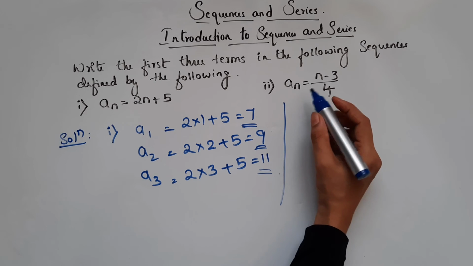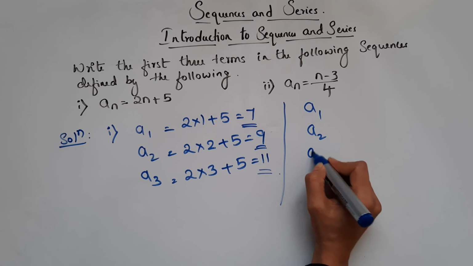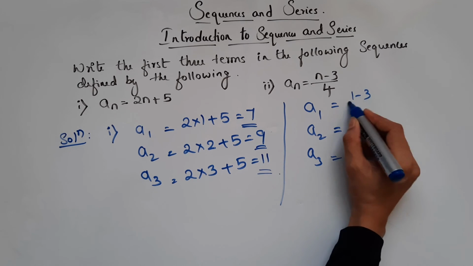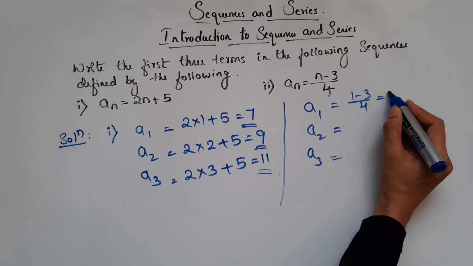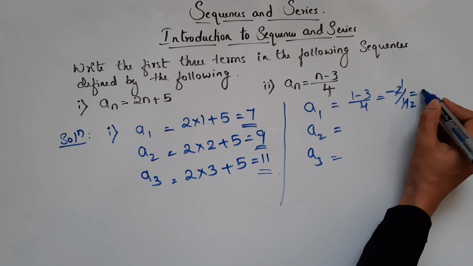Similarly, let's see the second one. Here also we have to find the first 3 terms, a1, a2 and a3. So 1 minus 3 by 4, which is equal to minus 2 by 4. 2 ones are 2, 2 twos are 4, so minus half.